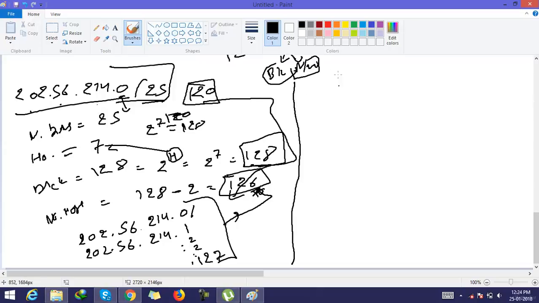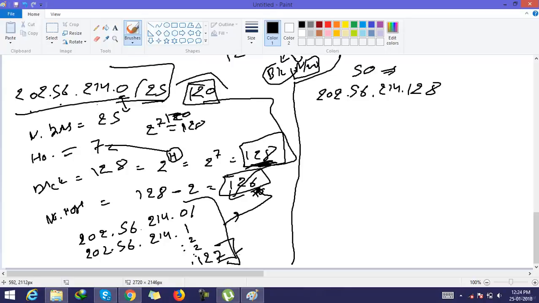For the second subnet, we use the next subnet address, 128, because the block size is 128 for the previous subnet. The broadcast ID of the previous subnet is 127 and the next IP is 128, which is used as the network ID for the next subnet.